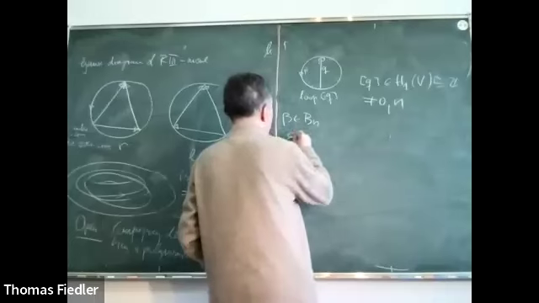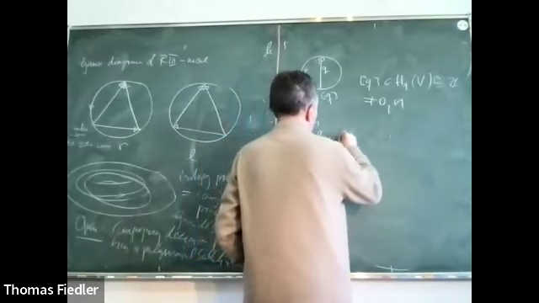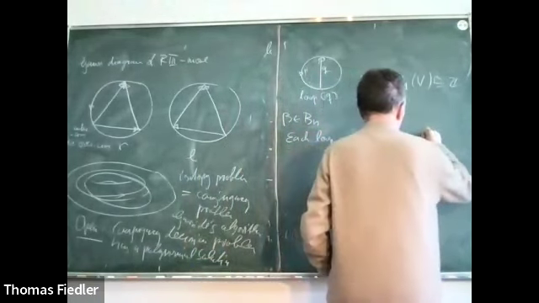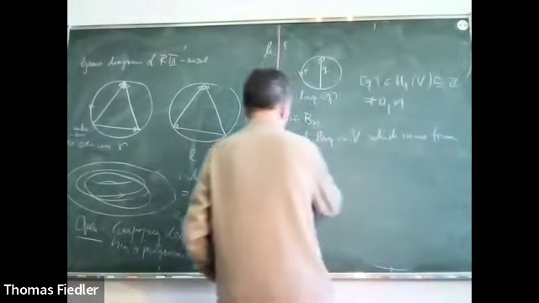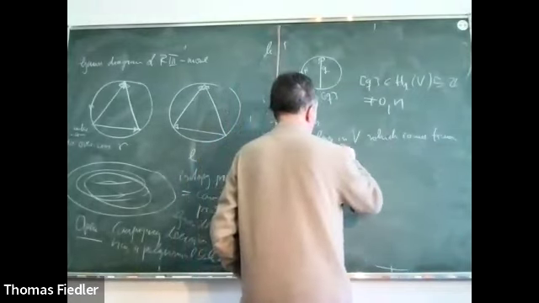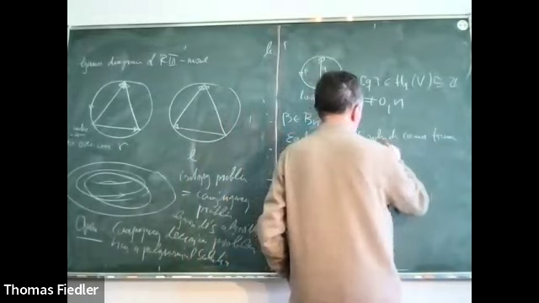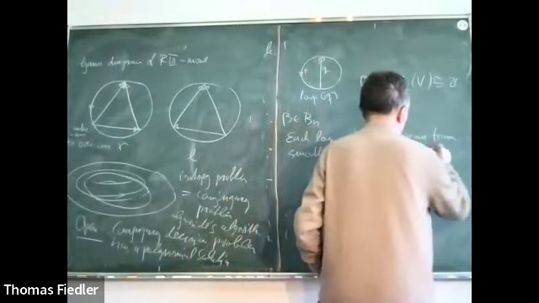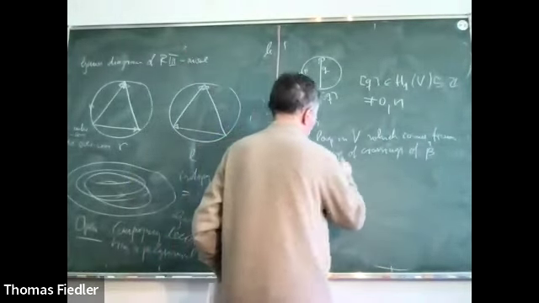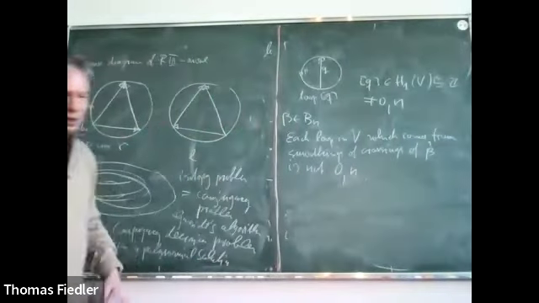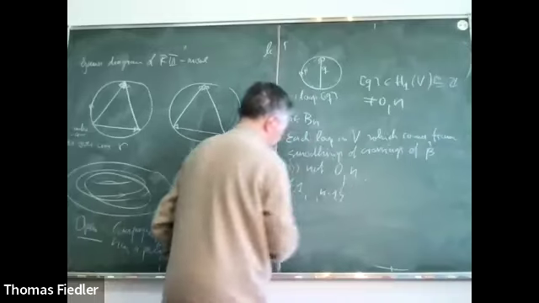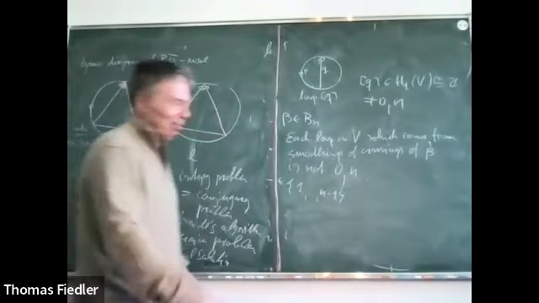Each loop in V, which comes from smoothings of crossings, from orientation-respecting smoothings of crossings, smoothings of beta, is not homologous to 0. It's not 0 or n. So it always lives from 1 up to n minus 1. So this is very important.